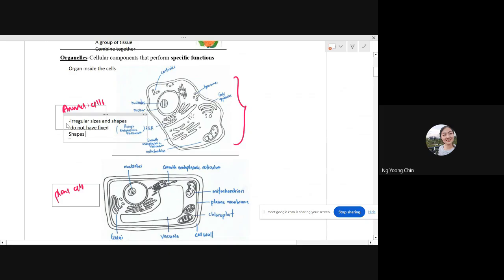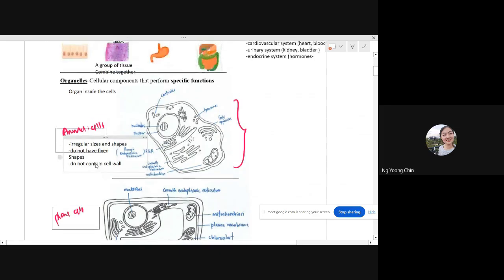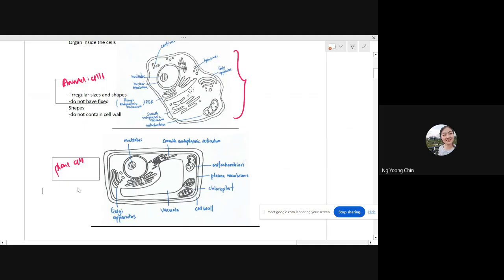Why do they not have a fixed shape? Because they do not contain a cell wall. They only have a cell membrane. In the plant cell, you can see they have a rectangular fixed shape.